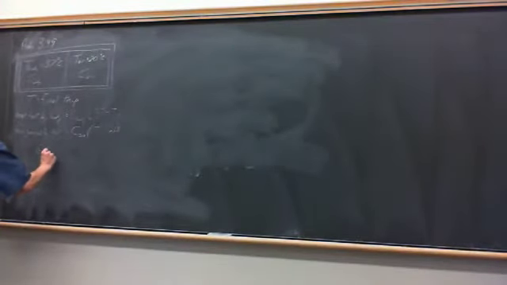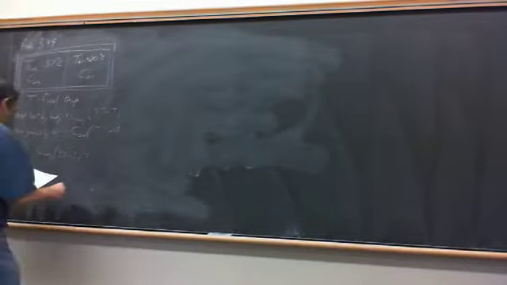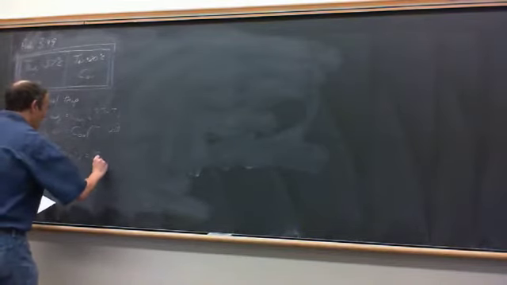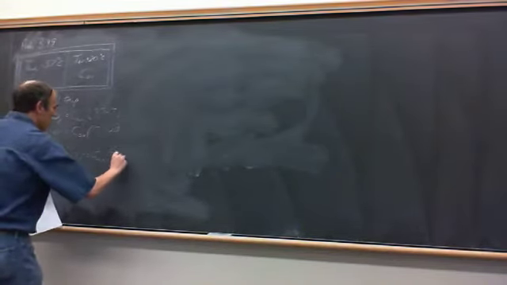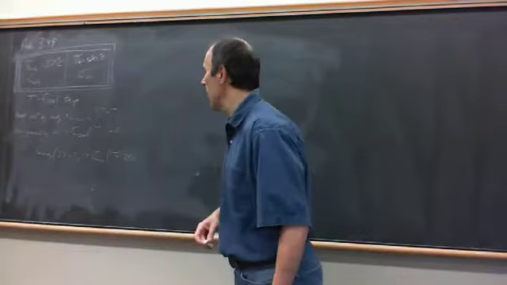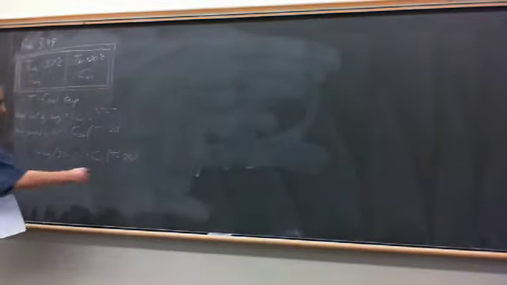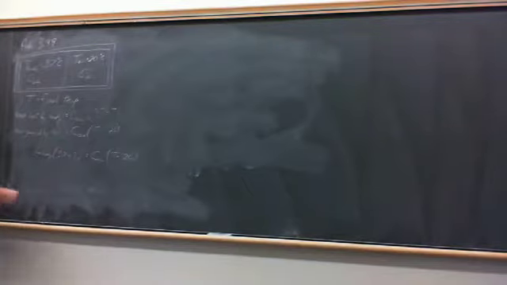So you get that C body times (37 minus T) equals C air times (T minus 20). And we want to solve for T. So it's just a matter of solving this for T. Let's put all the T's on the right and all the stuff that doesn't have T on the left.